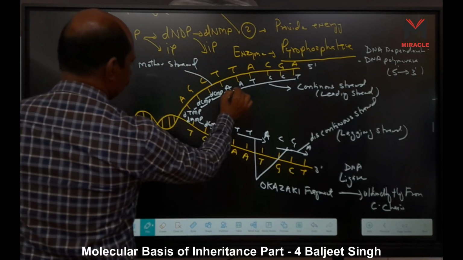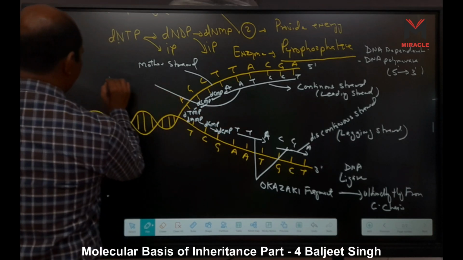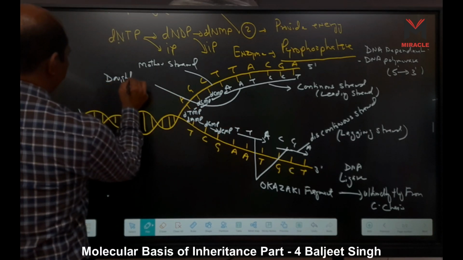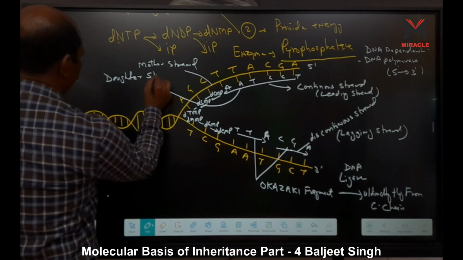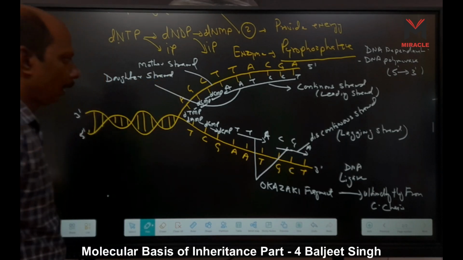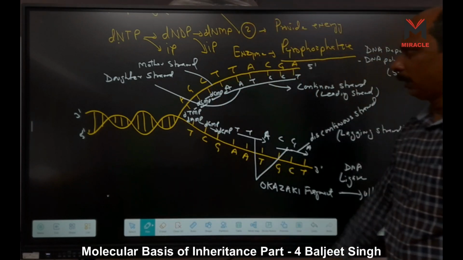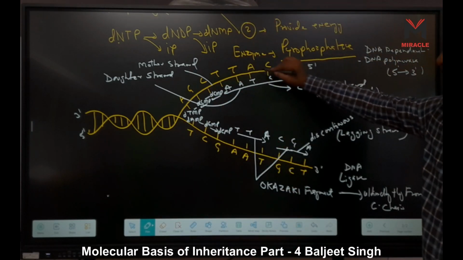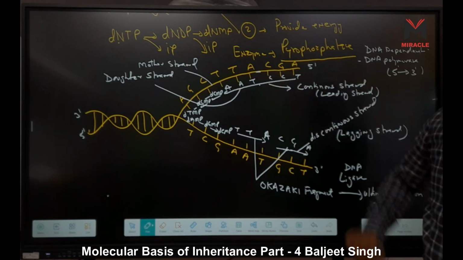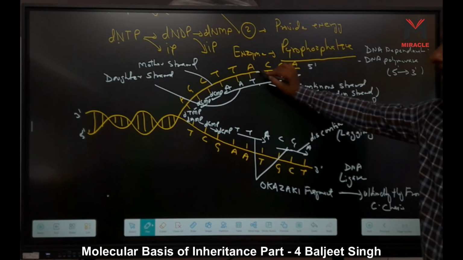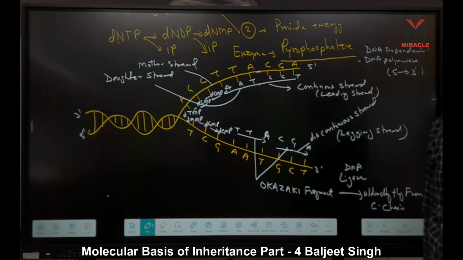right? And this strand is called the daughter strand. Because in the new DNA, when these two DNA separate, one is the parent and another one is the offspring, or we can say one is the mother strand and another one is the daughter strand, right?